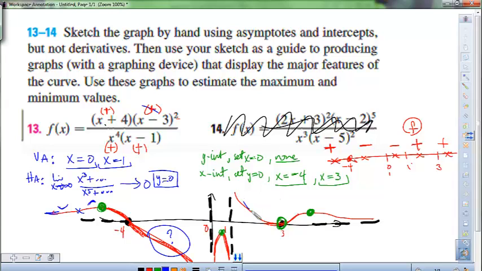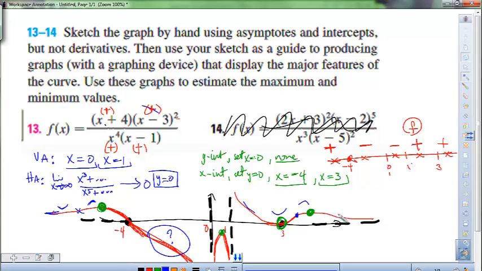Between 1 and 3, it's going to be decreasing, and then it is going to increase, but it looks like it's going to continue to be concave up until some point before this other maximum where it's going to change concavity again because it's going to become concave down. So there's another inflection point here.